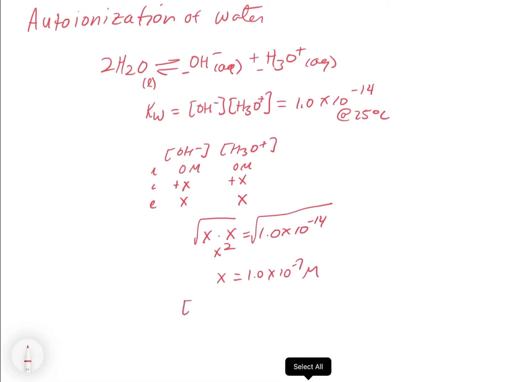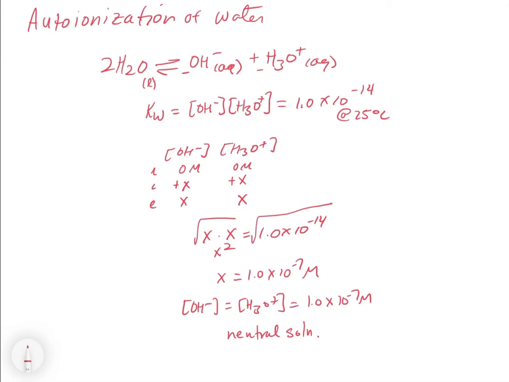And so it turns out that the concentration of hydroxide is equal to the concentration of hydronium, which is equal to 1.0 times 10 to the minus 7th molar. And this is when there's no acid or base present. So this is what we call a neutral solution. There's no extra acid or base present in the solution.